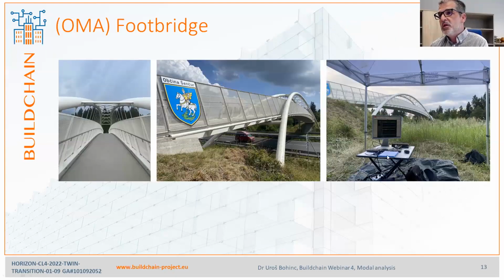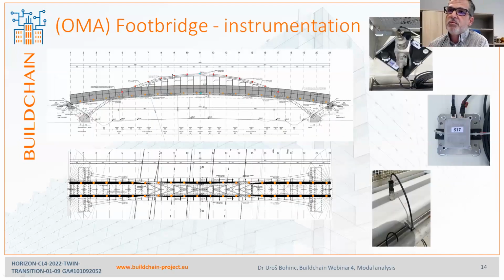On the right here is the monitoring station with a computer and the display of the acceleration. Here we have the disposition of all the measurement points that we took on the bridge.